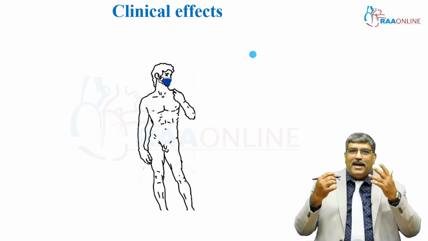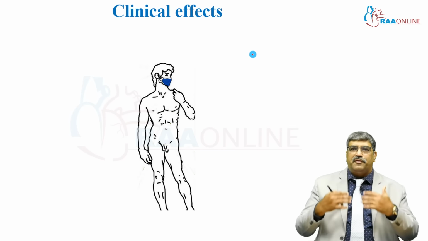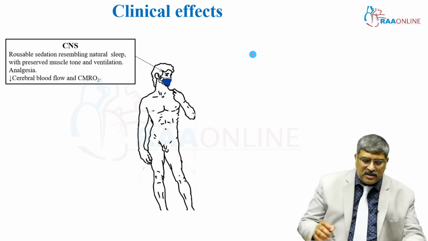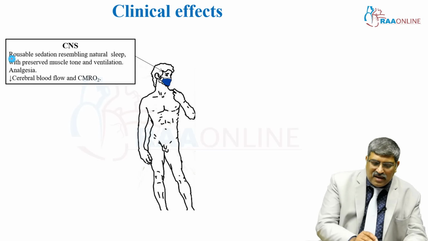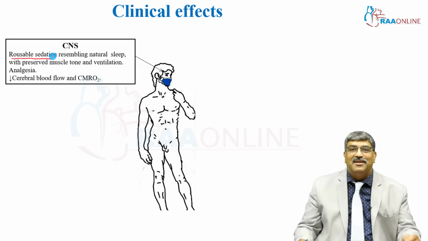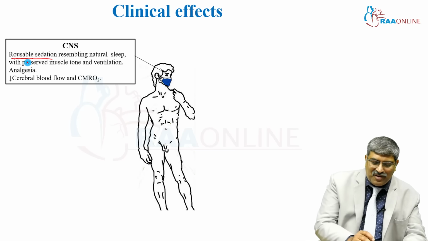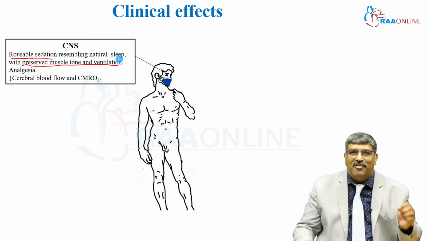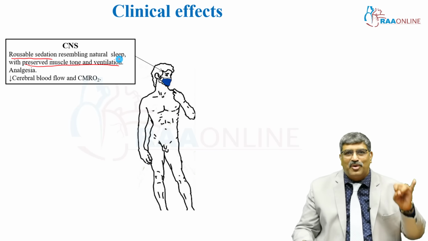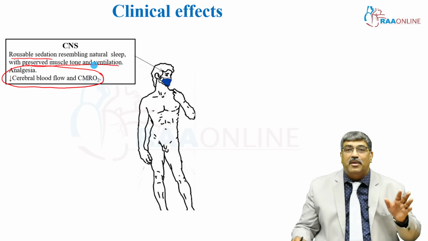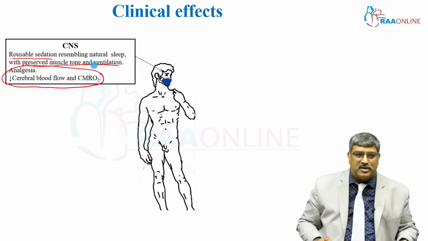Now, coming to the clinical effect, what happens if you give dexmedetomidine? At the central nervous system level, there is an arousable sedation which resembles normal sleep, which is very important, with preserved muscle tone and ventilation. And it produces analgesia, it reduces cerebral blood flow and cerebral metabolic requirement of oxygen.